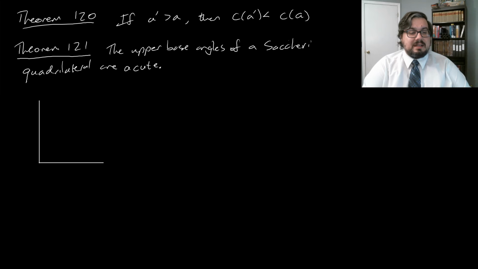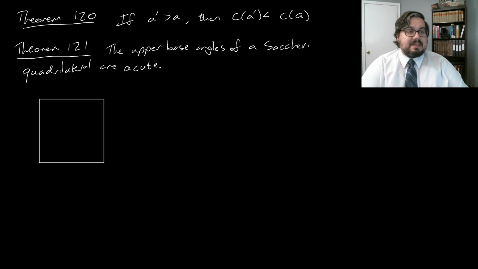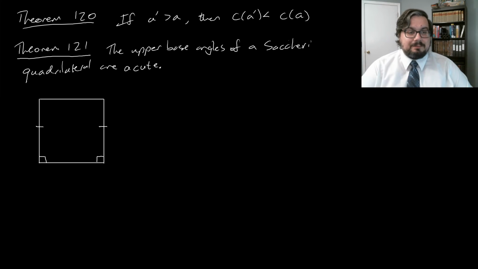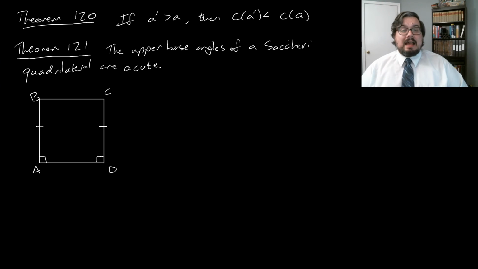Their measures have to be less than or equal to 90. But this says that in hyperbolic geometry, they must in fact be specifically acute. In particular, Theorem 121 shows us that there exist no rectangles in hyperbolic geometry. If a rectangle existed, then a Saccheri quadrilateral would be a rectangle. And so, one of the things that's different about hyperbolic geometry compared to Euclidean is that there exist no rectangles at all.